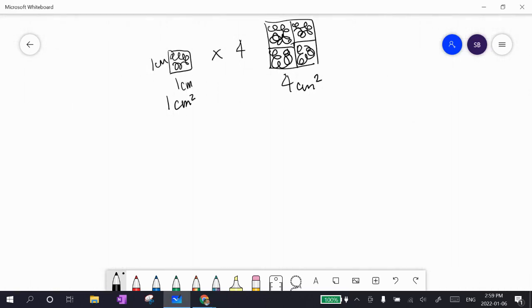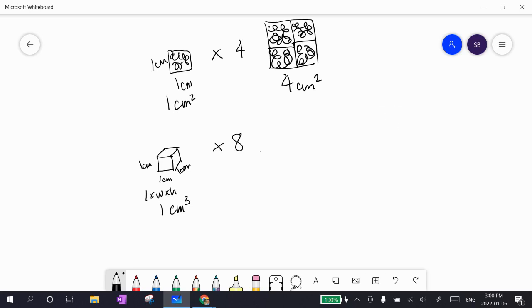If I do this with volume, if I start with 1 centimeter by 1 centimeter by 1 centimeter, length times width times height, I get 1 centimeter cubed. Let's say I multiply this by 8.